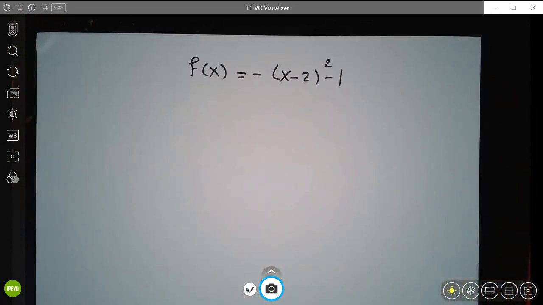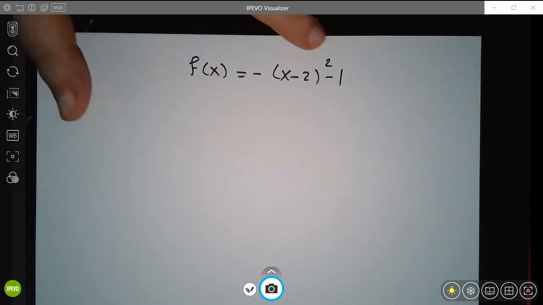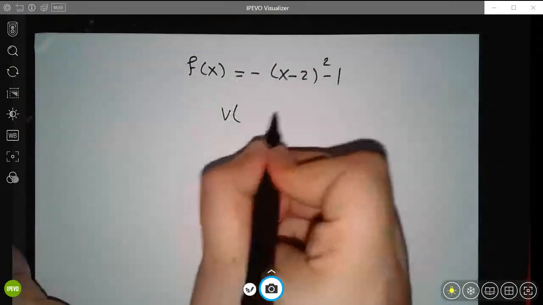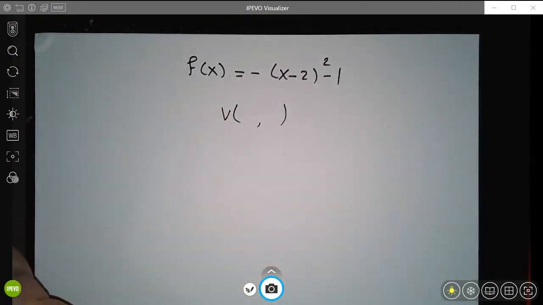Okay, so this is a quadratic in what form? This is the vertex form, right? Can you guys tell me what the vertex point is? This one? 2. 2 goes where?